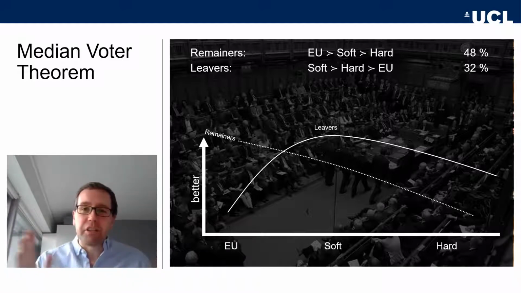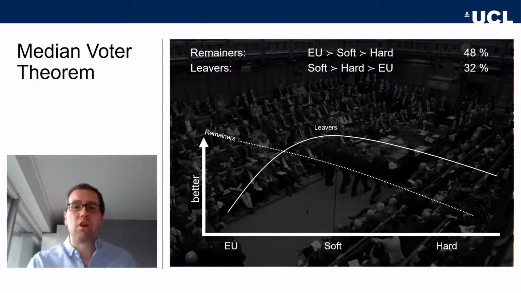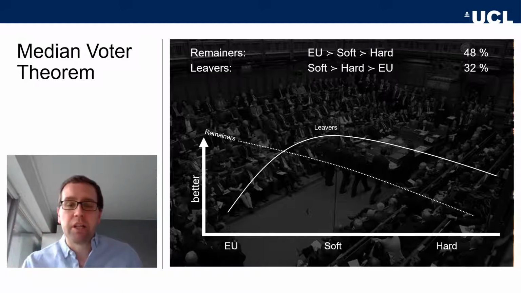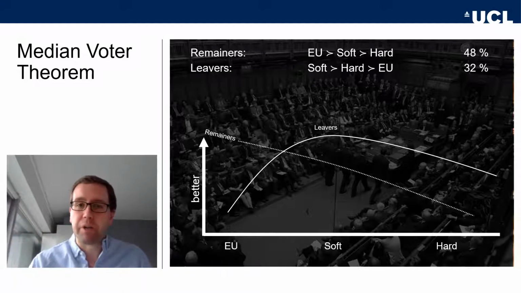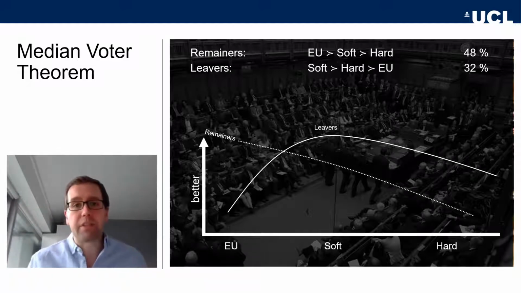Somewhere in this issue space, they have an ideal point. They have their most preferred outcome. For the Remainers, that's the status quo, perhaps. For the Leavers, that is some sort of Brexit somewhere in the middle. And basically, their utility, how much they like these outcomes, declines as you move away from this ideal point.